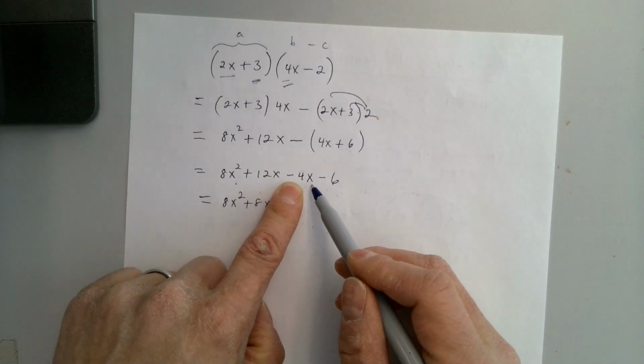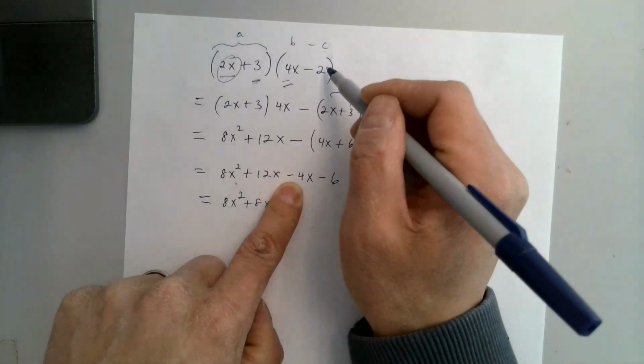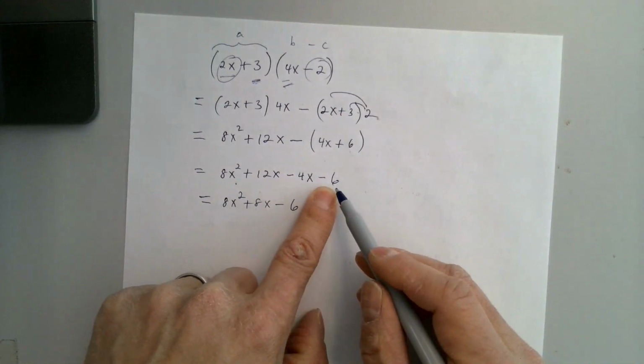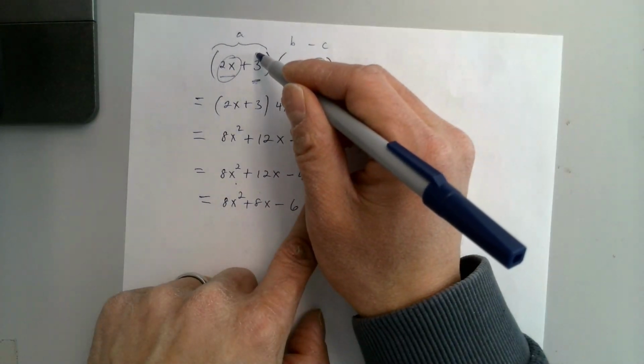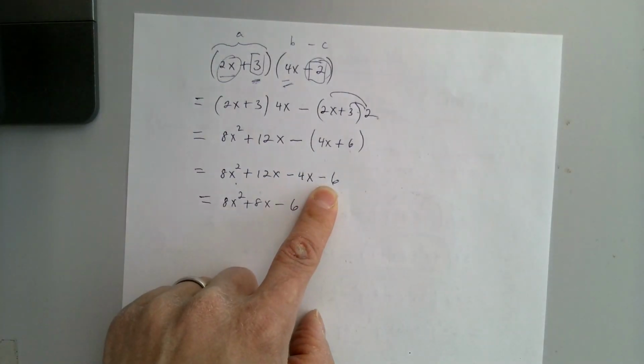Minus 4x is the product of 2x and negative 2, and the minus 6 is the product of the 3 and the minus 2.